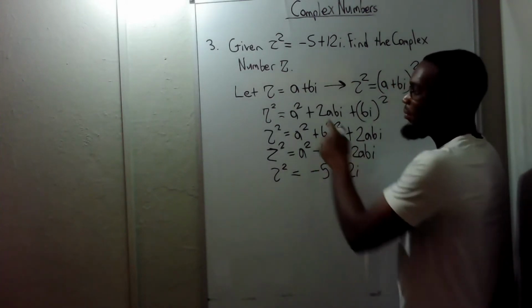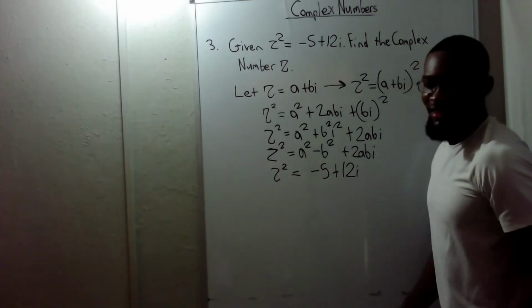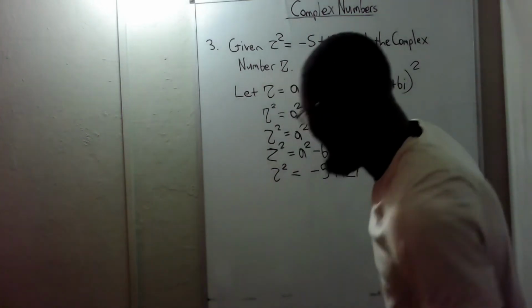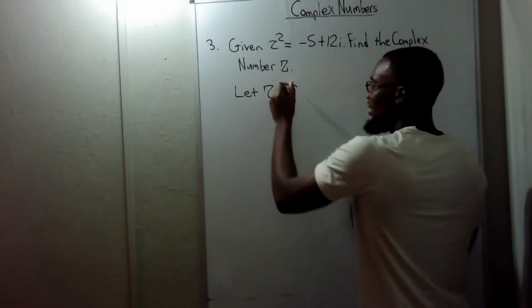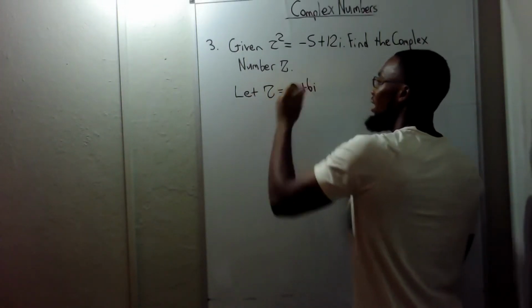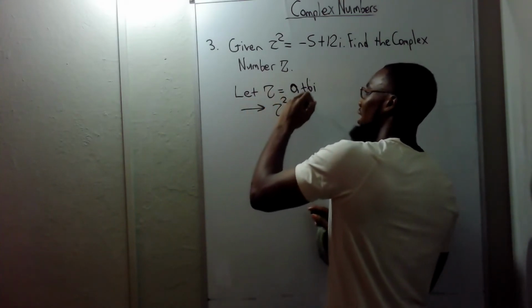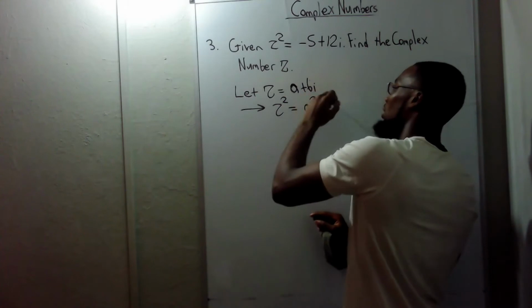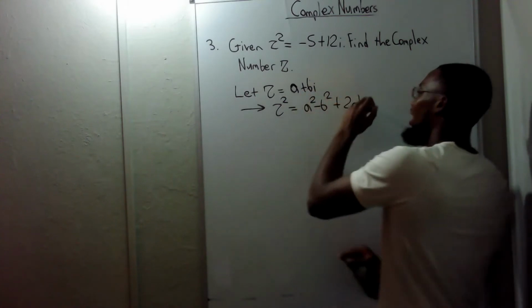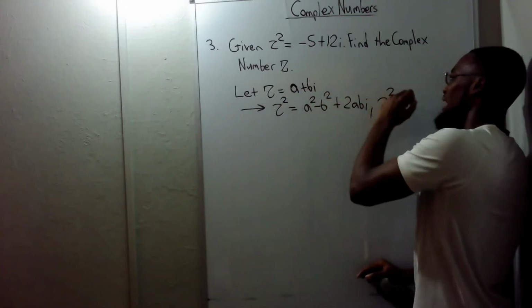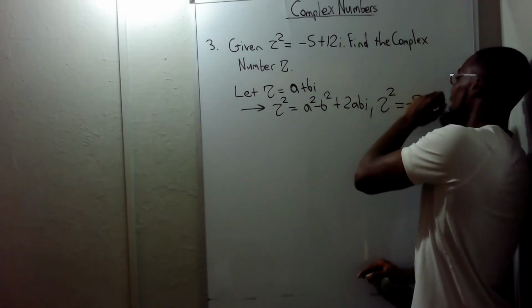Once we solve for a and b, then we'll get the complex number z. So we said that z is a plus bi, and from that z squared is equal to a squared minus b squared plus 2abi. And also z squared is minus 5 plus 12i.